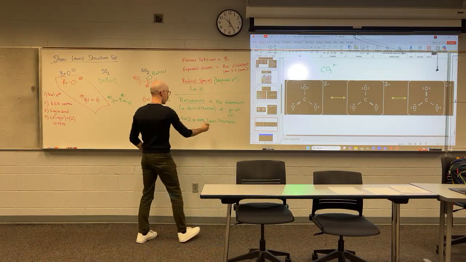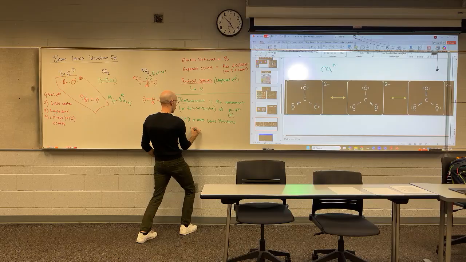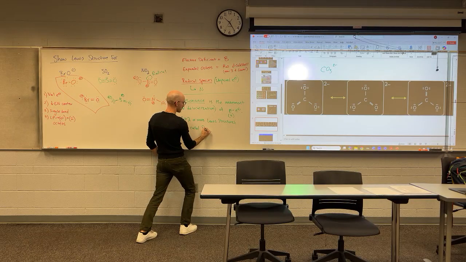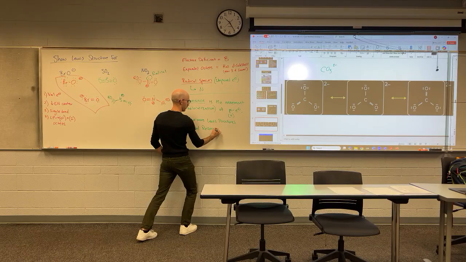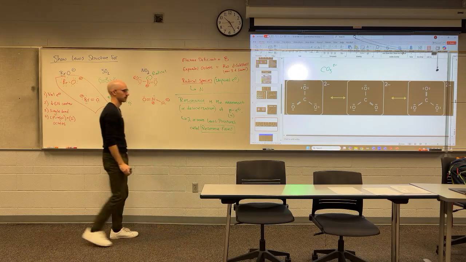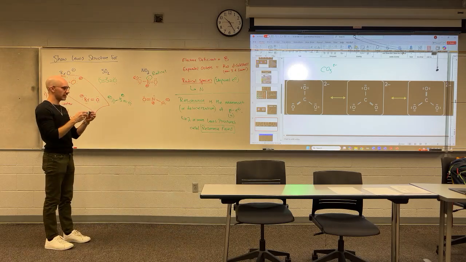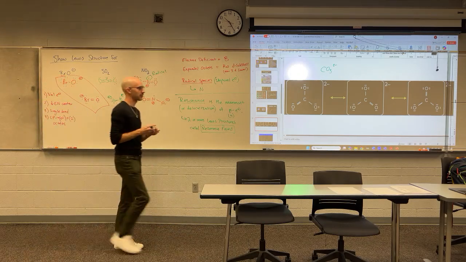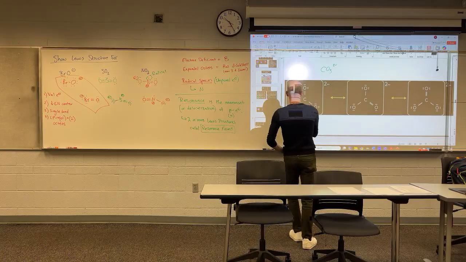These individual Lewis structures are called resonance forms. We would say that carbonate here has 3 resonance forms.